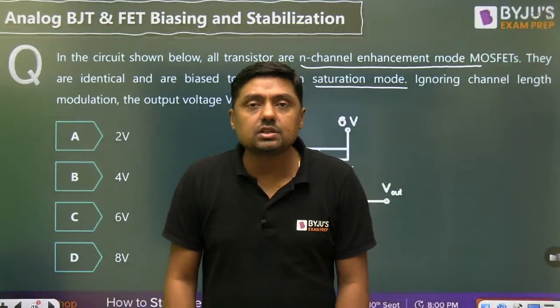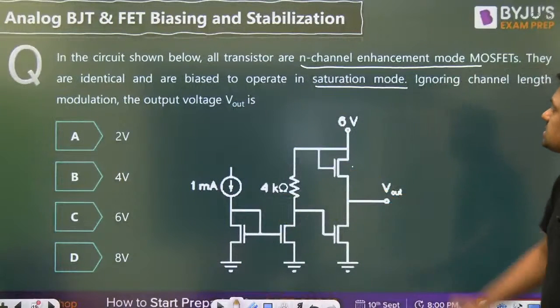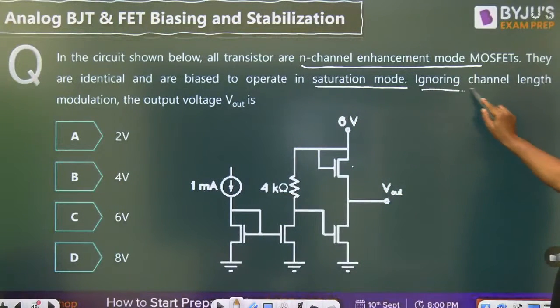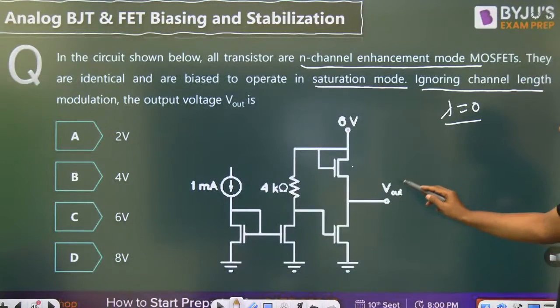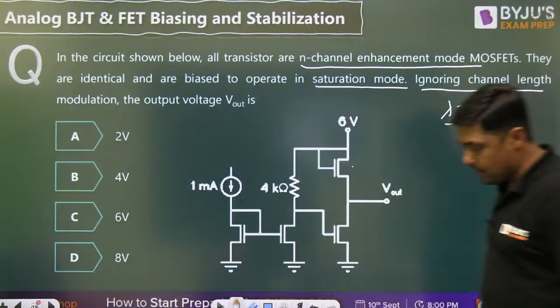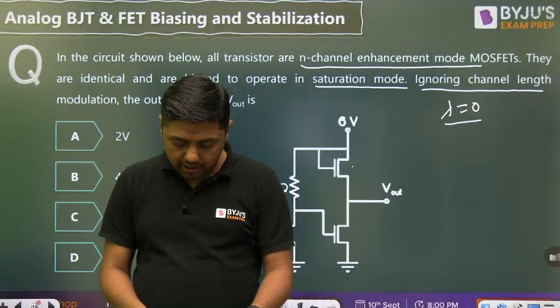Ignoring channel length modulation means we take lambda equal to 0. What will be the output voltage Vout? I think you have gone through this question. Please try to give me the answer.